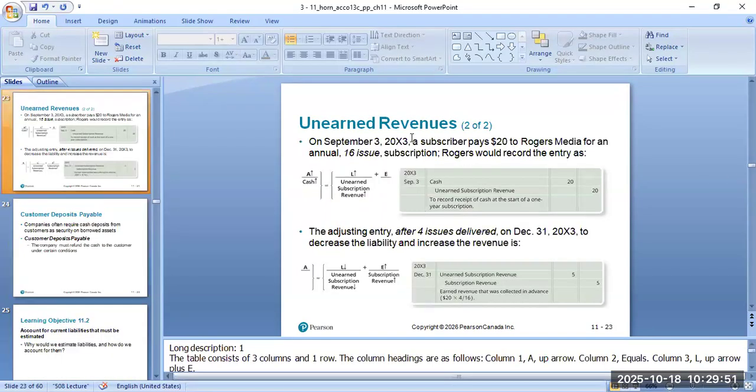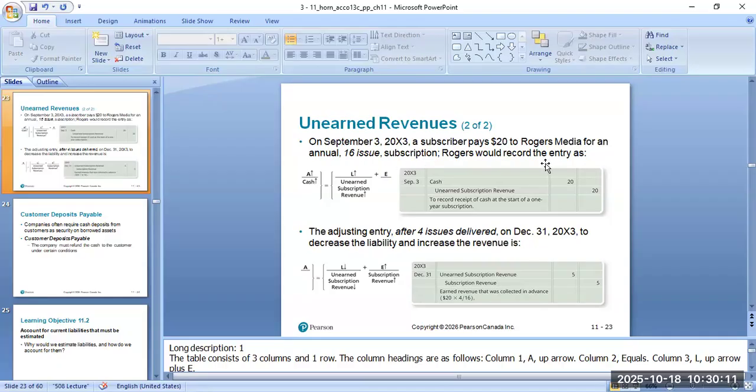Let's keep going with the unearned revenue. Again, unearned revenue, remember, we already received the cash. So on September 3rd, a subscriber paid $20 to Rogers Media for an annual 16 issue subscription.